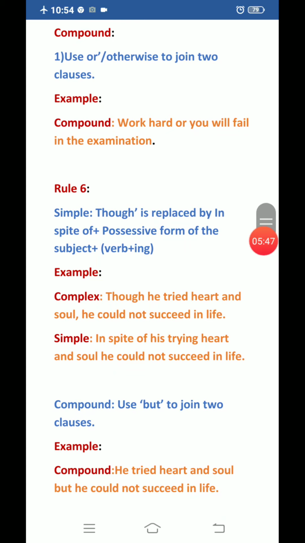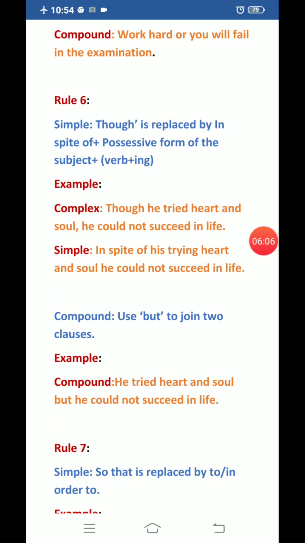Rule number 6, from complex sentence to simple sentence. Rules to be followed: though is replaced by in spite of plus the possessive form of the subject plus verb plus ing. Example, complex sentence: though he tried hard, he could not succeed in life.